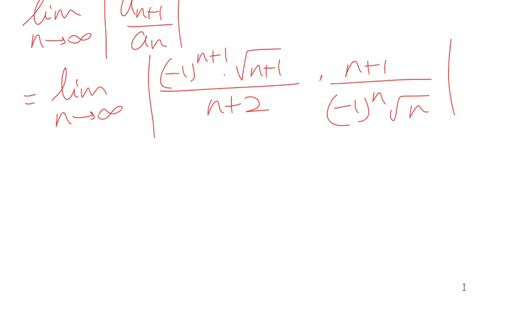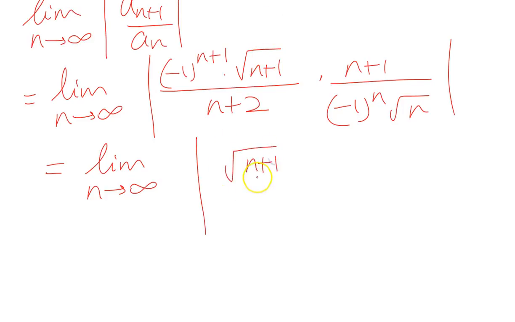How do we simplify this? Now look, negative 1 to the power n plus 1, negative 1 to the n. You have an extra negative in the numerator, and that's being multiplied by everything else. So the absolute value of negative 1 is 1, so they disappear. Guys, the negative 1s disappear because in the absolute value, they become 1. So here, you have root n plus 1 over n plus 2, times n plus 1 over root n.